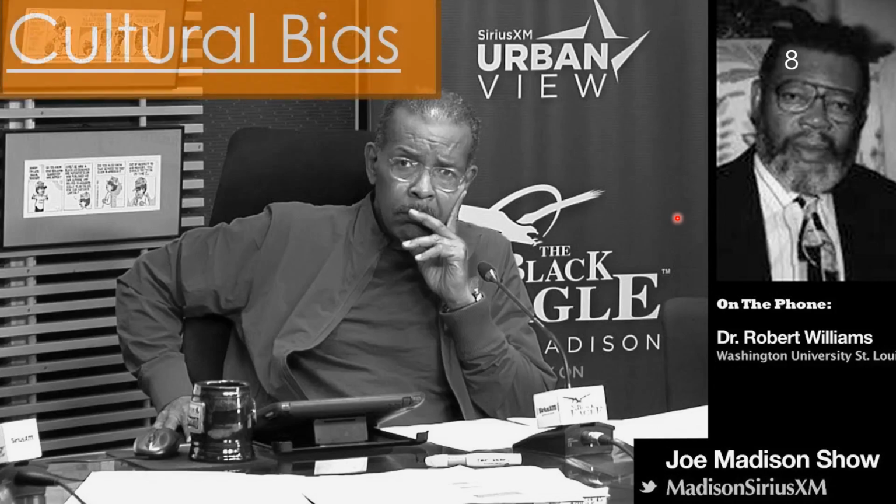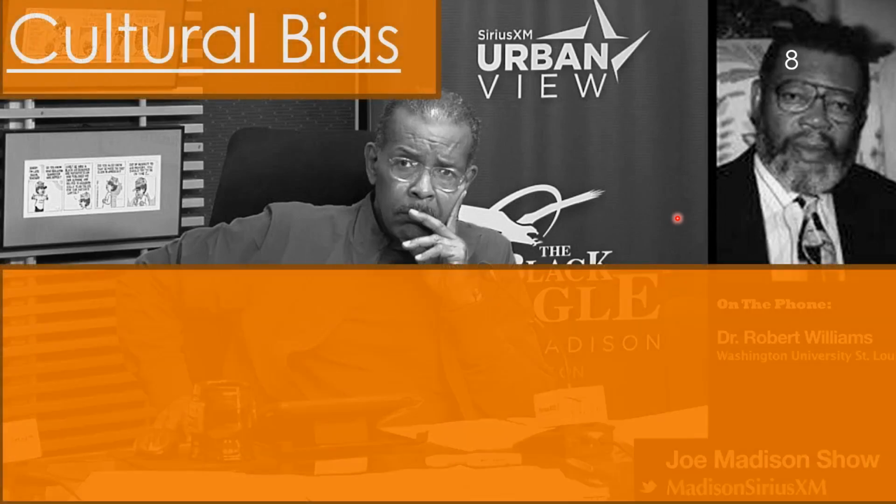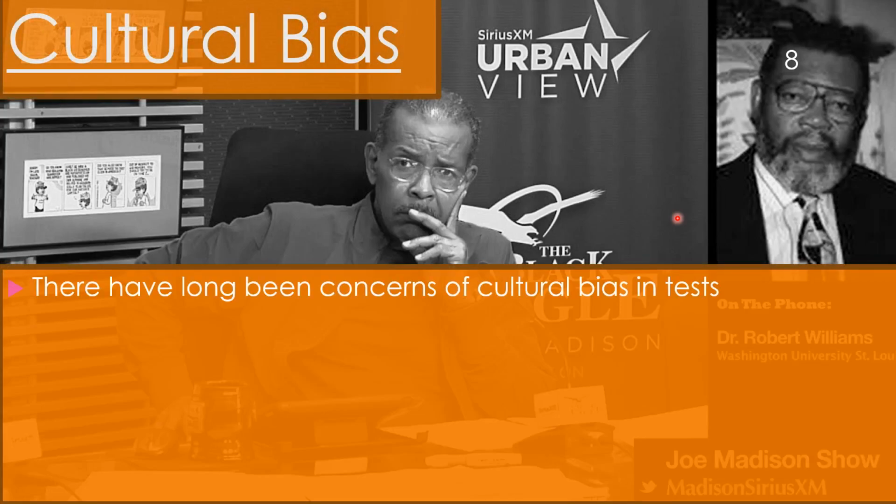Alright, another thing to be aware of in tests is the concern of cultural bias. So what is cultural bias in a test? Well, it's the problem that tests can be designed in such a way that they have different results for people of different cultures or races or ethnicities or genders or ages or whatever.